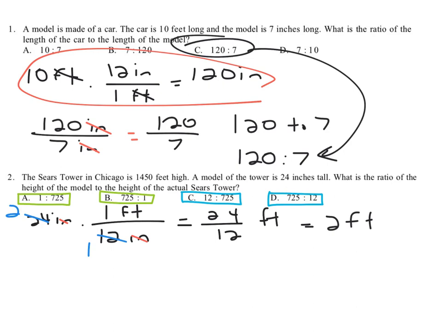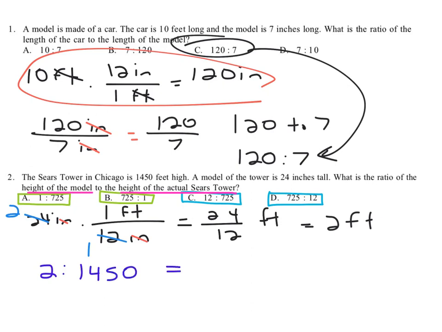What I'm getting at is that they tell us, and look at where I'm underlining in pink. They say, what is the ratio of the height of the model to the height of the actual Sears Tower? Which one did they list first? Well, of course, they listed the height of the model. And because they listed the height of the model first, we need to write the height of the model in feet. Height of the model is 2 feet, and then we compare that to the height of the Sears Tower, which is 1,450.